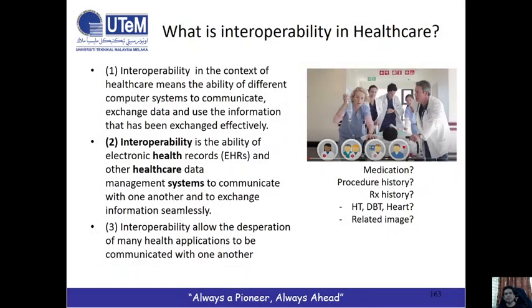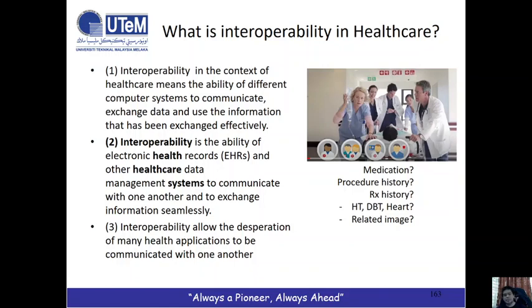So what is interoperability in healthcare? Like I said in the introduction, interoperability in the context of healthcare means the ability of different computer systems from various departments within the hospital or between hospitals to communicate, exchange data, and share information between healthcare professionals, nurses, and all the health workers involved in healthcare services.